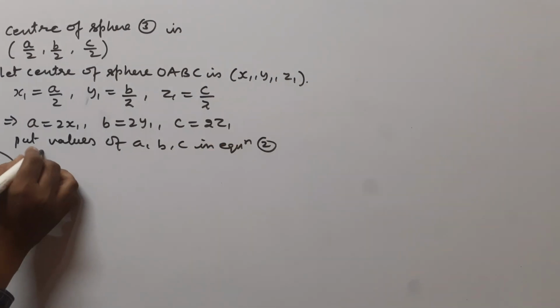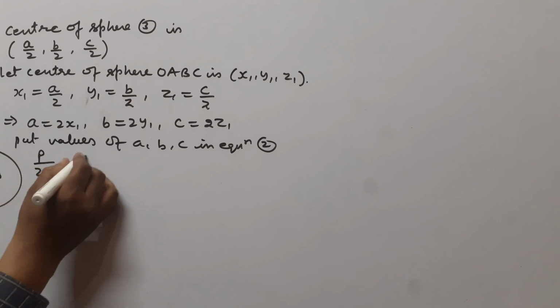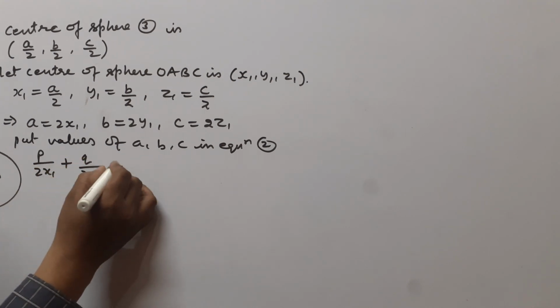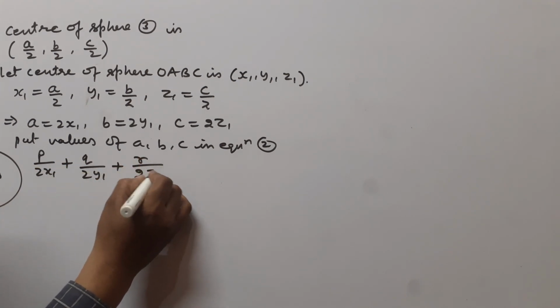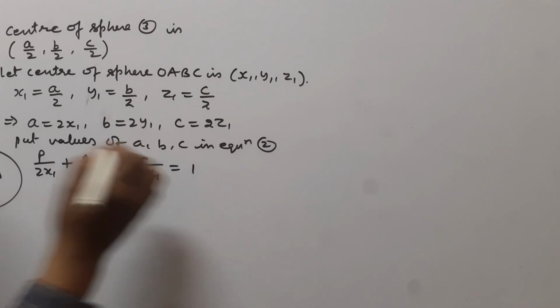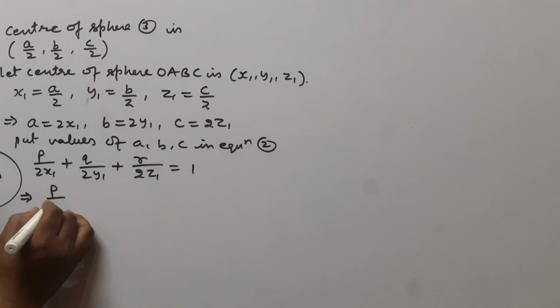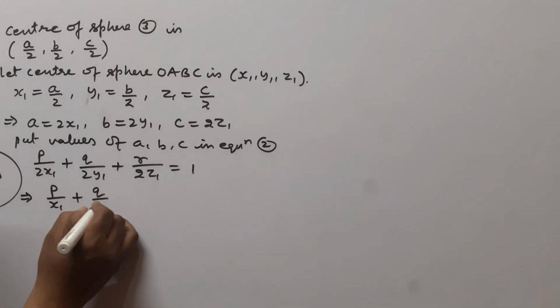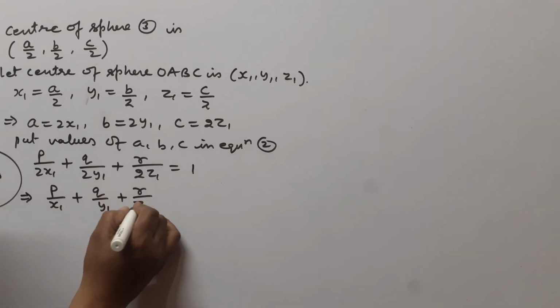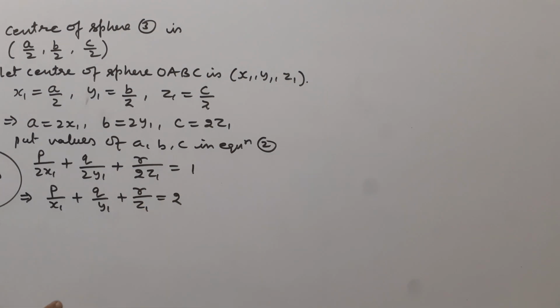So we get P upon 2x1 plus Q upon 2y1 plus R upon 2z1 is equal to 1. We multiply this whole equation by 2. So we get P upon x1 plus Q upon y1 plus R upon z1 is equal to 2.